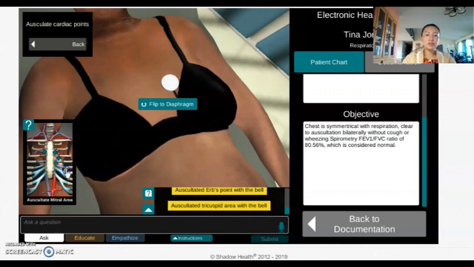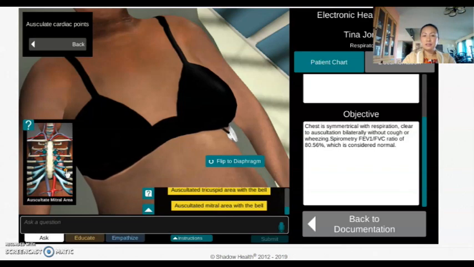What I am trying to assess in here is the sounds of S1 and S2, and if there's any rubs, murmurs, gallops, or any abnormal heart sounds.